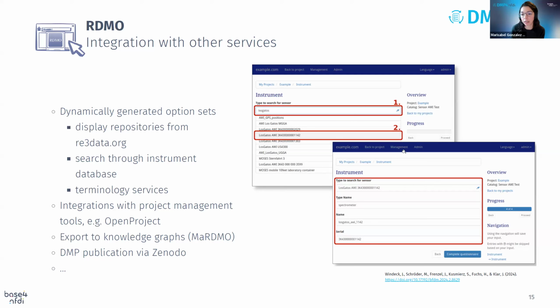We have this example here from a server, but we can do that with other plugins, like, for example, for using repositories from re3data, or publishing the DMP directly as an output.